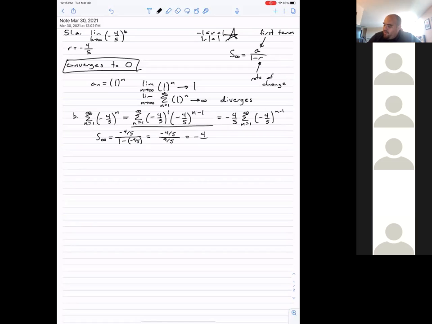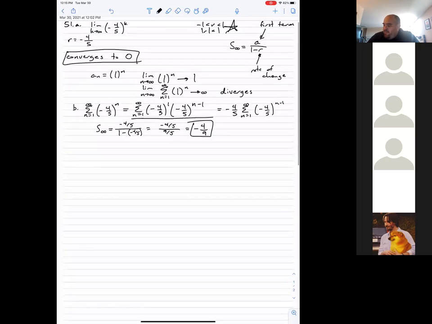So we get a sum of negative 4 over 9. Before I elaborate on this a little more, are we okay with this sum? Yes.